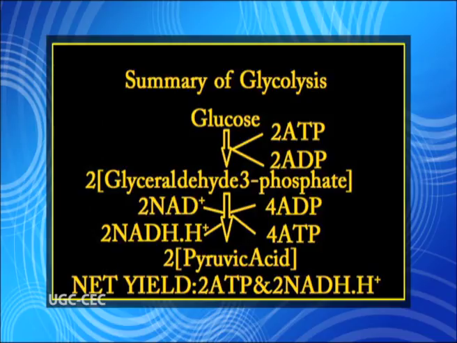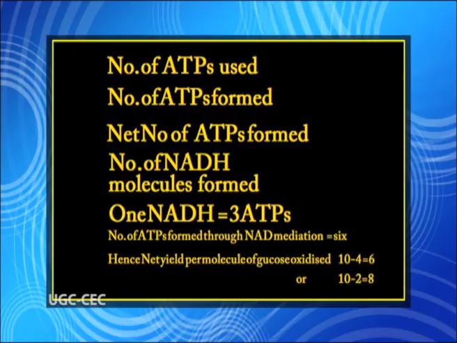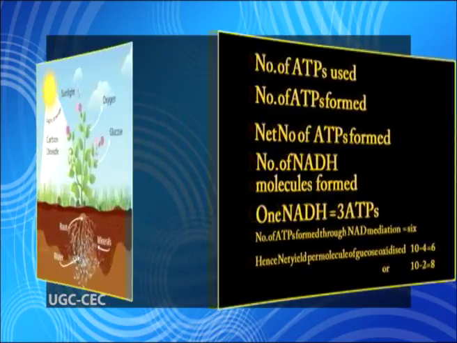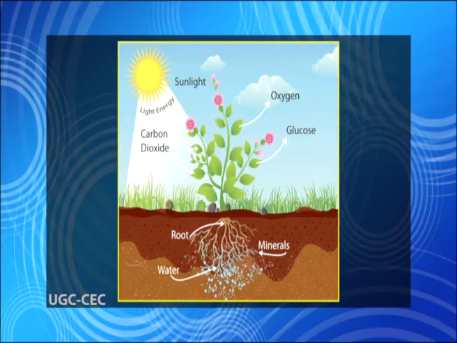Besides, there is formation of 2 NADH molecules in the step when glyceraldehyde 3-phosphate is converted into 1,3-diphosphoglyceric acid. In a nutshell, we can say the energetics of glycolysis yields a net of 6 ATPs, which are used for other metabolic processes. Another metabolic process that occurs in microbes is photosynthesis.